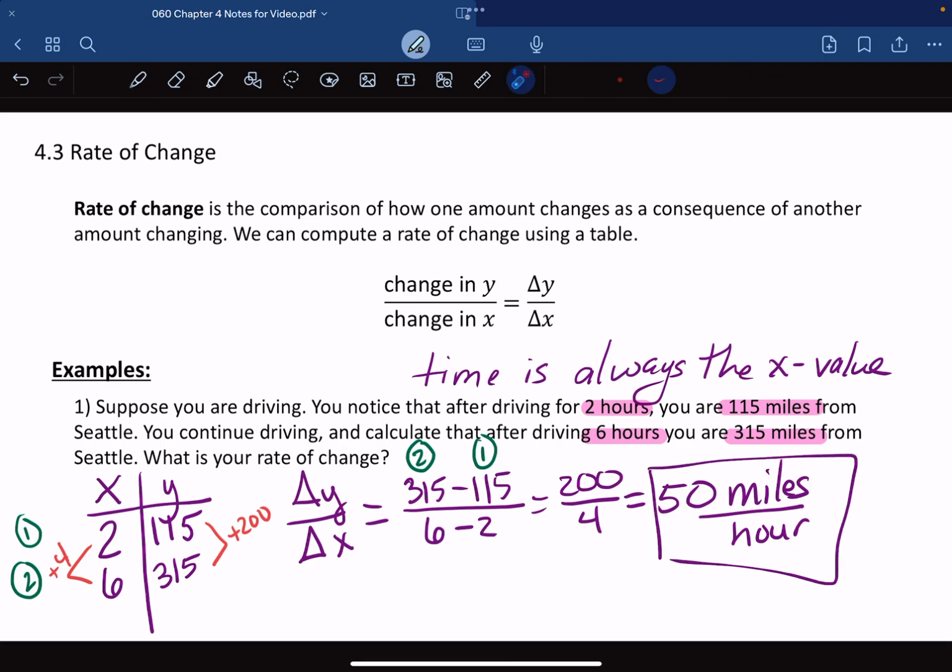And you get your units from your vertical unit divided by your horizontal unit. So your y variable divided by your x variable. That's essentially what you're using here, your y divided by your x.